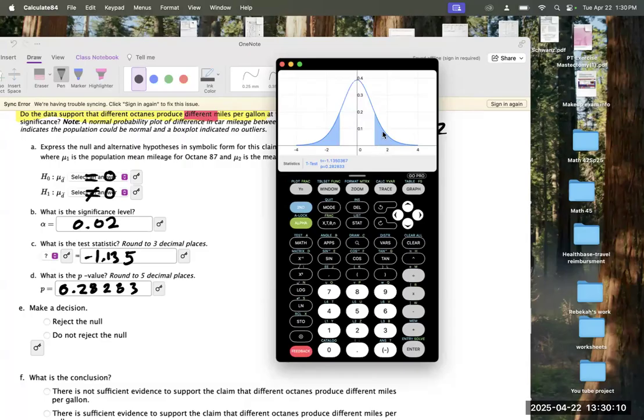So this is a two-tailed test. The p-value is actually the summation of both of the blue shaded regions. Our calculator automatically gives us that sum of both of those areas, so we don't have to double any value. But anyways, that's what our picture looks like.